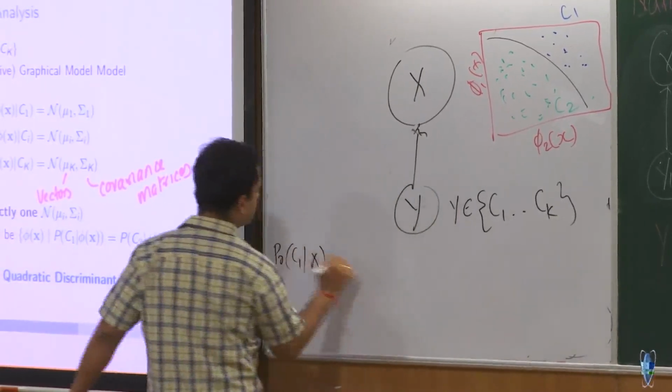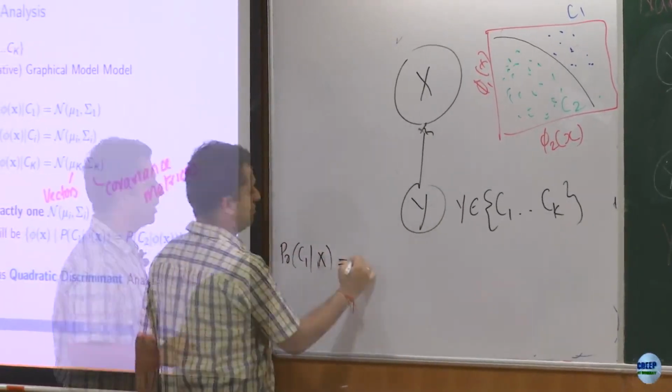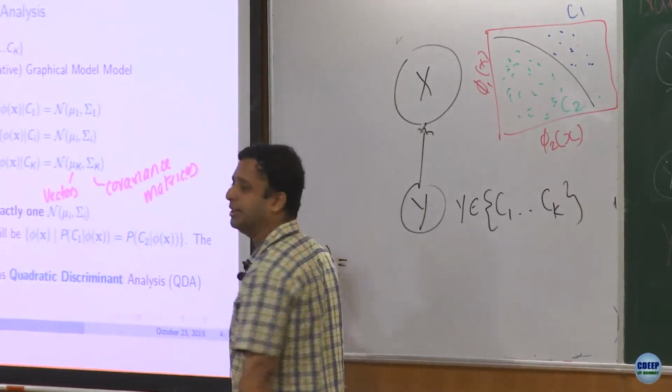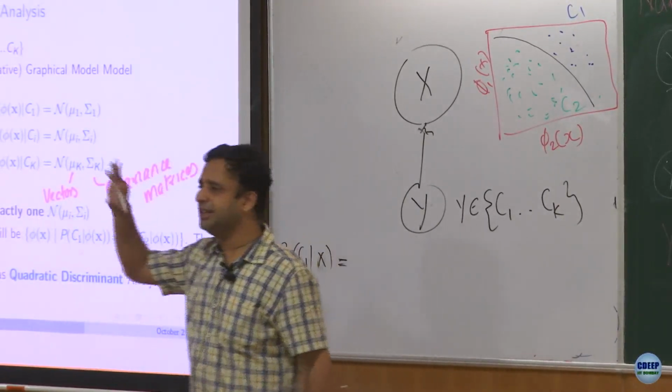Let us just write p of C1 given x. You know the form of multivariate Gaussian, have you studied the form of multivariate Gaussian?